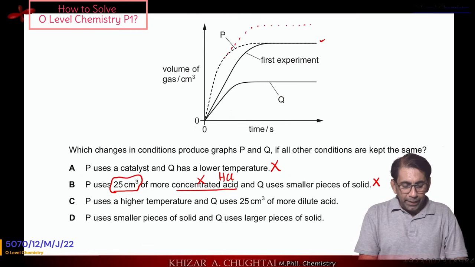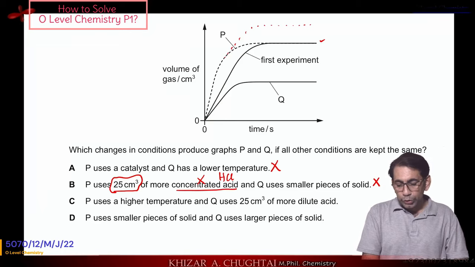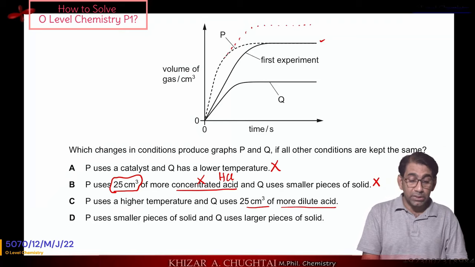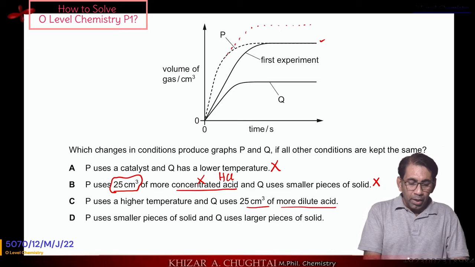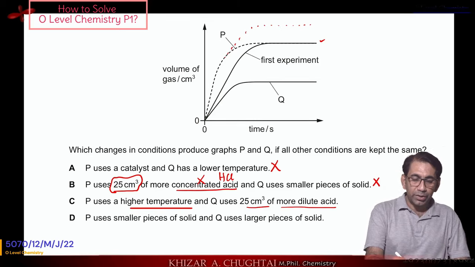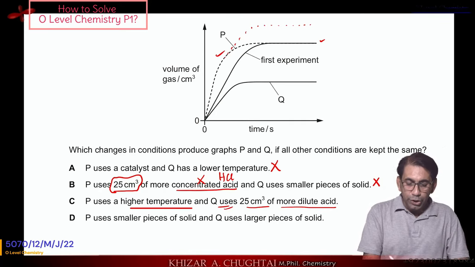Option C: P uses a high temperature. Again, it could be the correct option. And Q uses 25 centimeter cube more dilute acid. Yes, it may be correct. P uses high temperature as it is showing the higher speed. And Q is showing lower speed as well as lower yield.